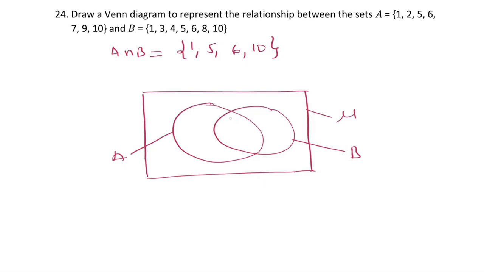So here we have 1, 5, 6, and 10. Next, we are going to fill the remaining values from each set. So for A, here is 2, 7, and 9. And for B, it's going to be 3, 4, and 8. And this is the Venn diagram required.